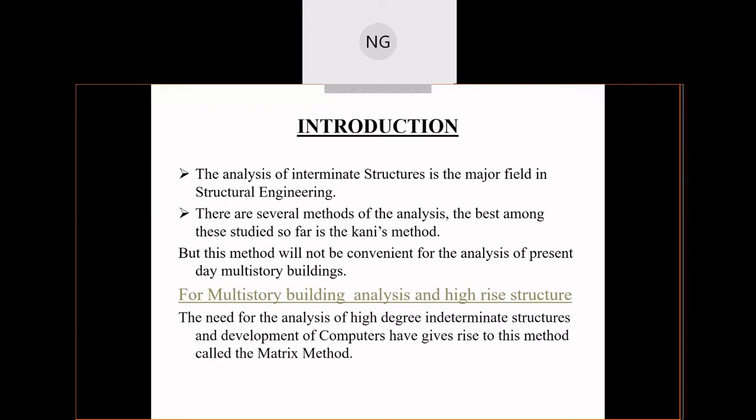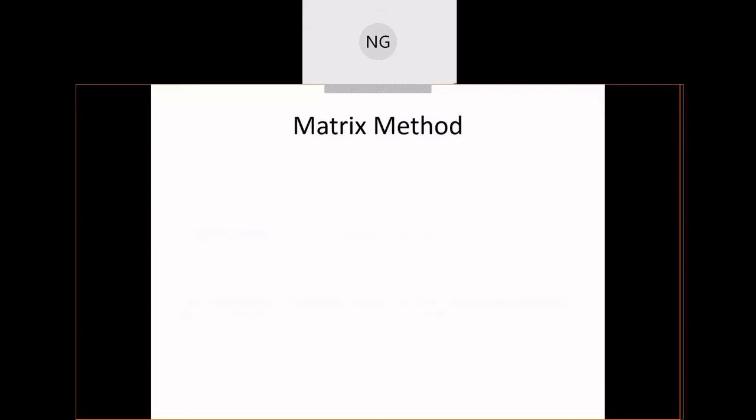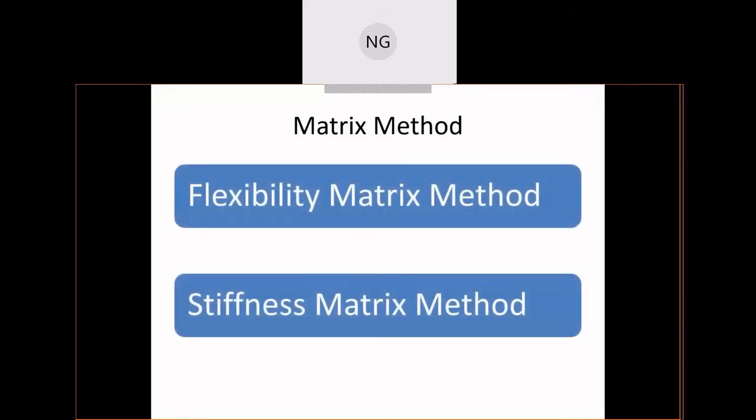What is that matrix method? The matrix method means that consistency values will be formed by a series of elements or coordinates. We call it the matrix method.